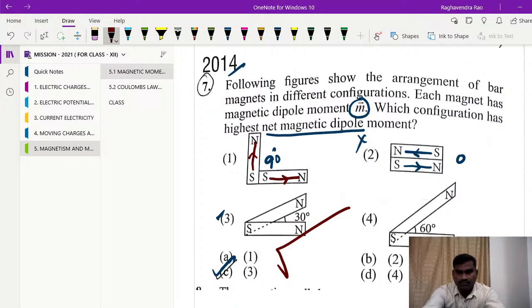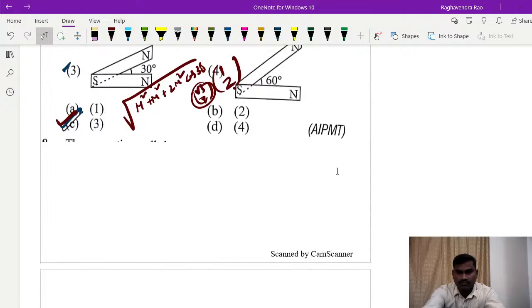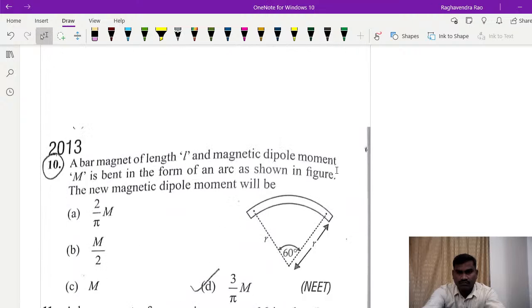So root over m square plus 2m square cos 30. Cos 30 is root 3 by 2, and here cos 60 is 1 by 2. So root 3 by 2 is greater than 1 by 2. So then we can go with option 3.